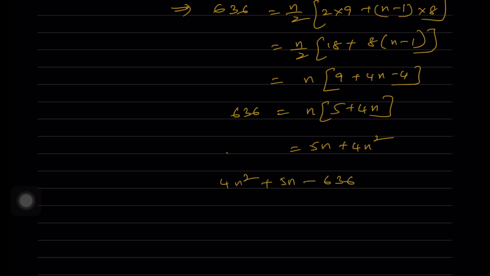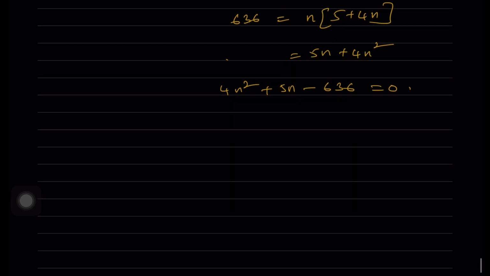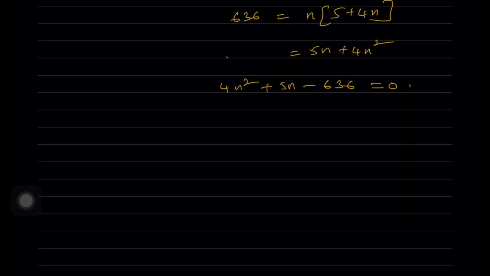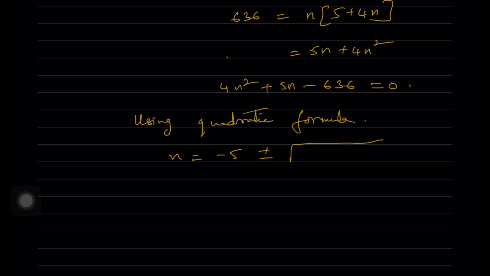Bring everything to one side. Using the quadratic formula, that is minus b plus or minus root of b square minus 4ac by 2a. So here we will first see b square minus 4ac. We will just directly substitute.